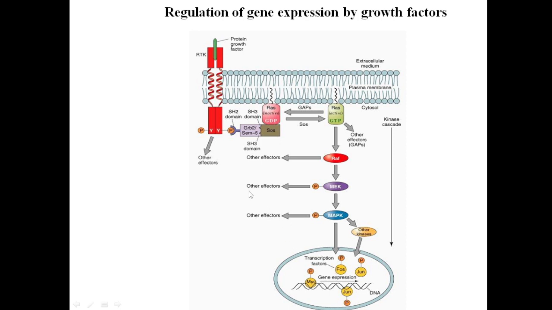When growth factor interacts with the receptor, it will lead to its phosphorylation. Phosphorylation of receptor will lead to next steps of phosphorylation of intracellular protein kinases, and protein kinases will phosphorylate factor of transcription, and it leads to synthesis of a group of genes which are important for cell proliferation and differentiation.